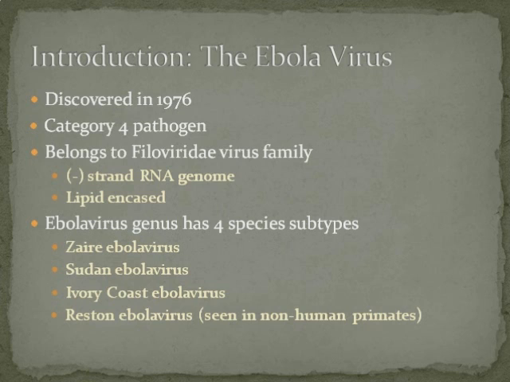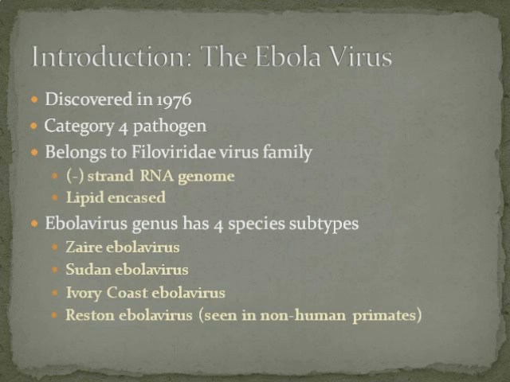So the Ebola virus, it turns out, something that they did not expect in 1976, but this is true now, is that Ebola is not just one disease. It's actually now a genus that has 4 species subtypes. So there is Zaire Ebola virus, there is Sudan Ebola virus, and there's Ivory Coast Ebola virus.